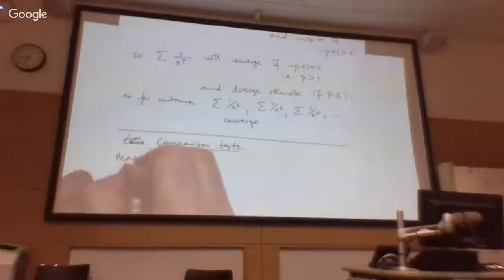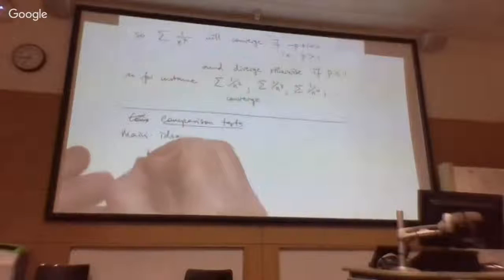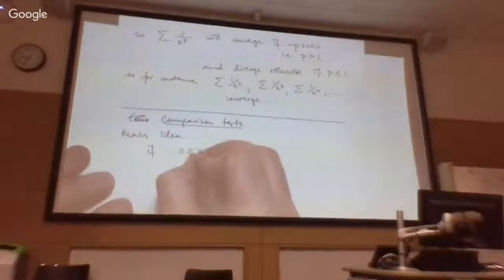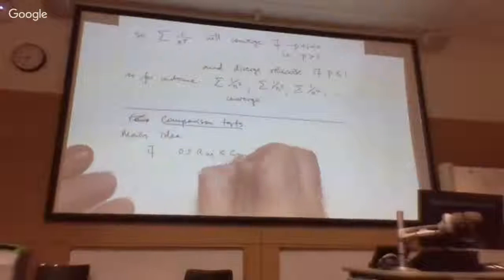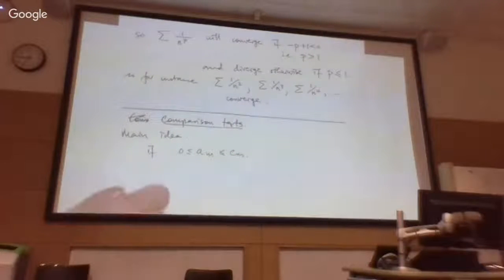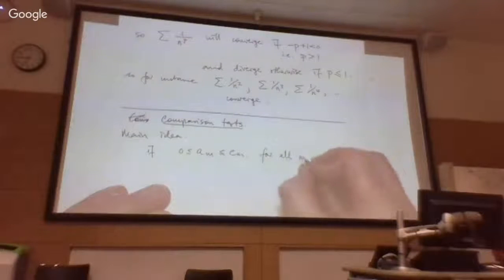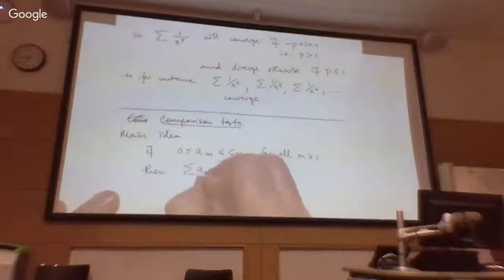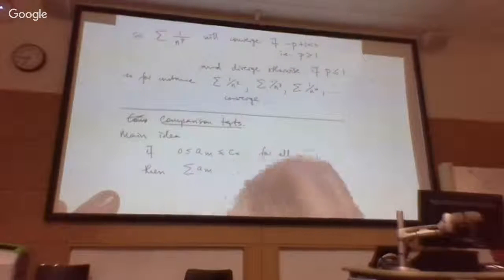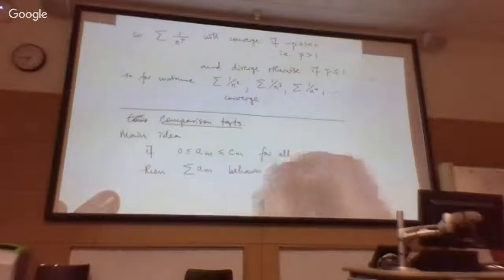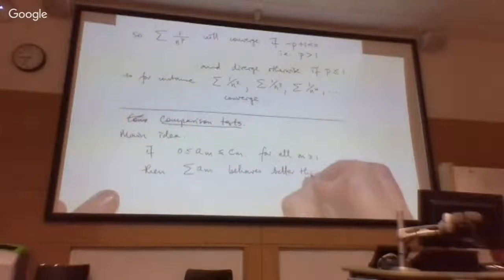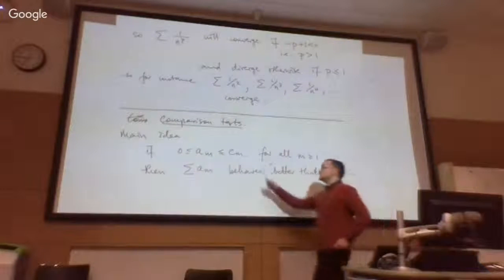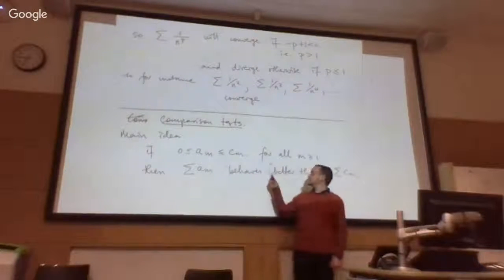The main idea here is if we can show that our a_m are always less than or equal to terms c_m, then the series adding up all the a_m behaves better than the series sum of c_m, because the terms are smaller. So if this converges, this one has to converge as well.